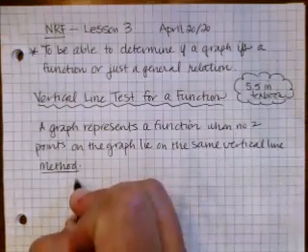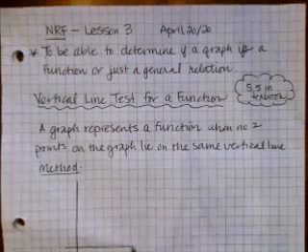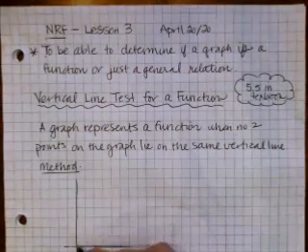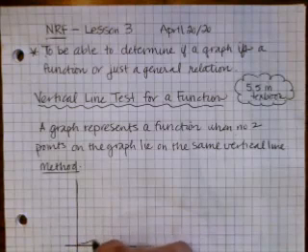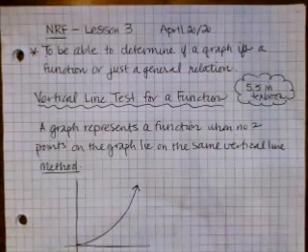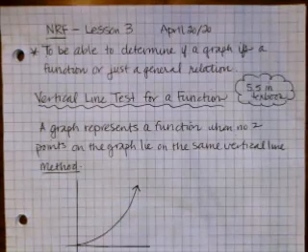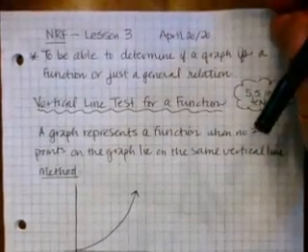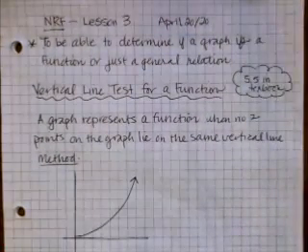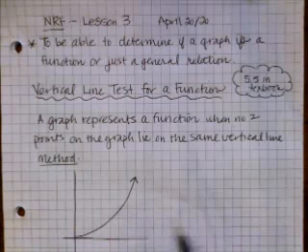So let me just draw a graph to show you. So let's say we've got a graph like this one. And perhaps it goes like this. And maybe this is a graph that represents kind of the rise of people getting COVID-19, or what we're trying to avoid people getting COVID-19.